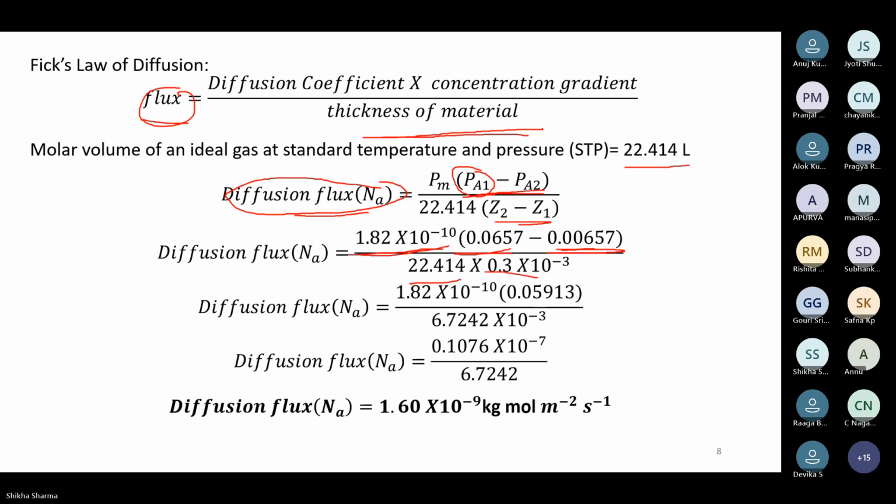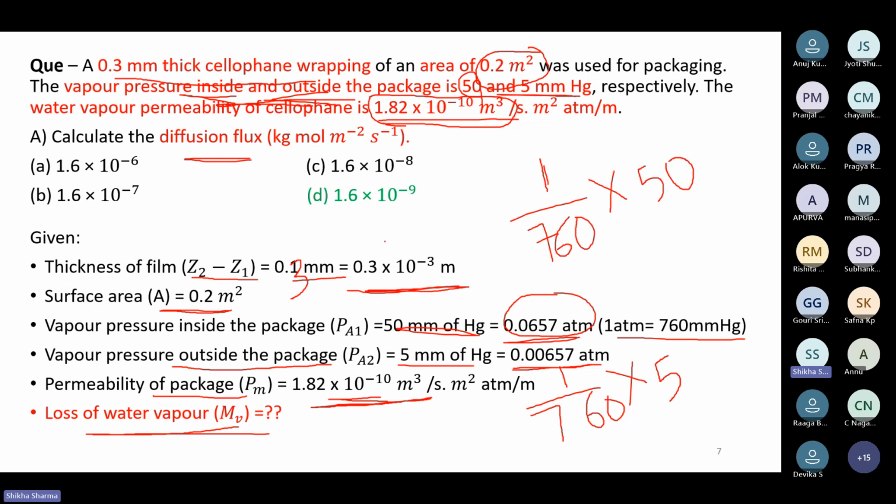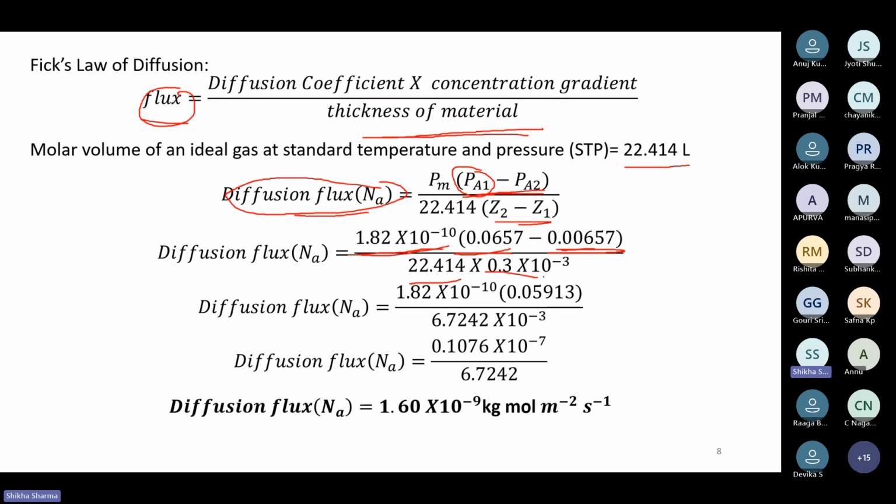Then into the thickness, which is 0.3 mm or 0.3 into 10 to the power minus 3.